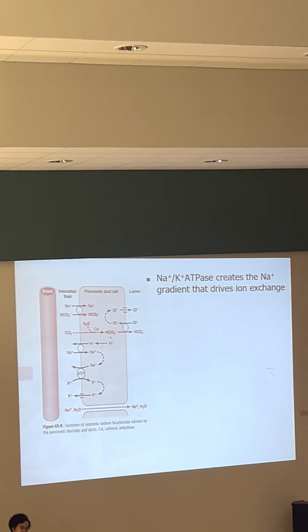The majority of the bicarbonate, and you can understand that we have hydrogen ions in the stomach, in the parietal cell. We need a lot of bicarbonates to concentrate and secrete out into the lumen of the ducts, central acinar and ductal cells. A lot of bicarbonate. And the majority of that bicarbonate is going to come from the blood.